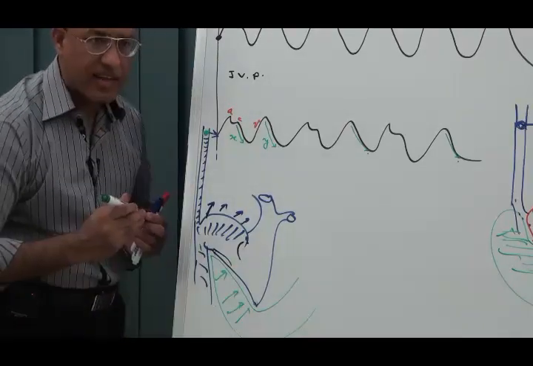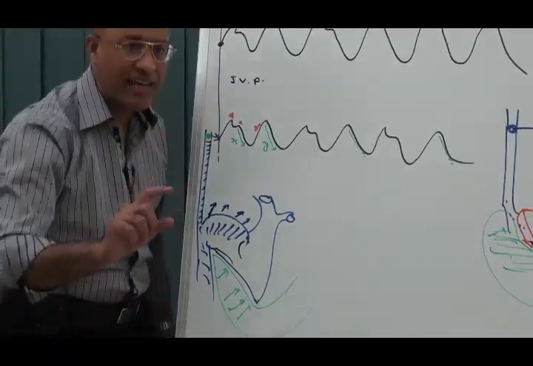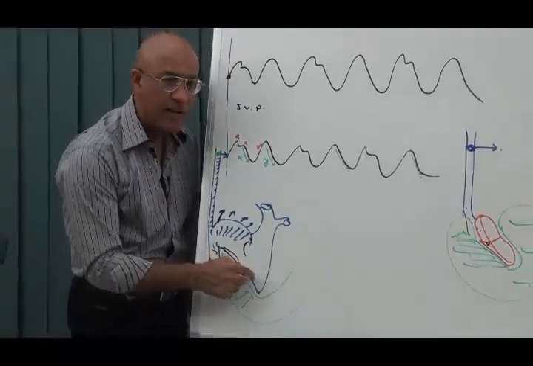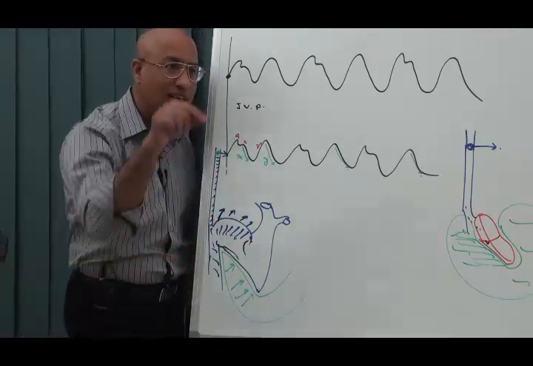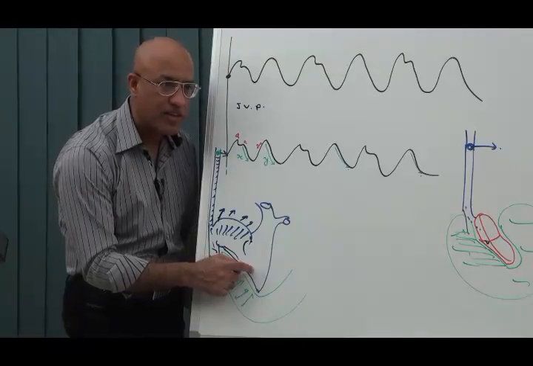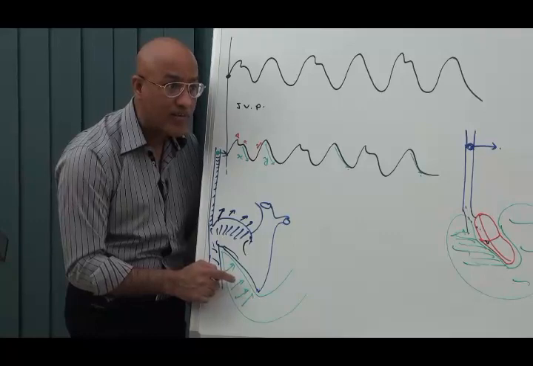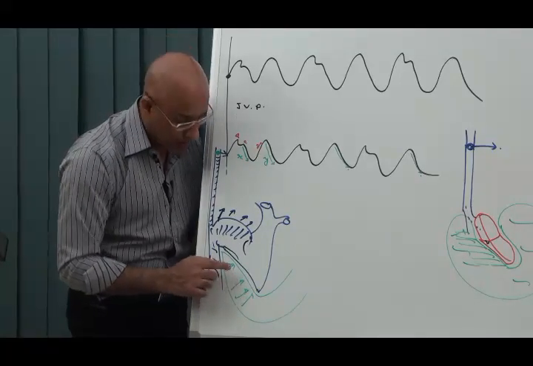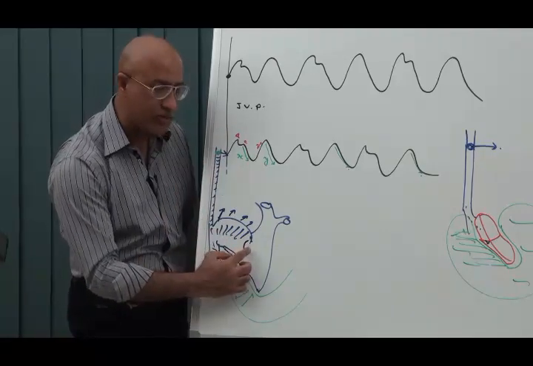When this is compressing the chamber, from the very beginning of diastole there will be high pressure here. Even in early diastole of the ventricle, pressure is high because there is high intrapericardial pressure compressing it. When pressure is high, can this column fall even if this opens?